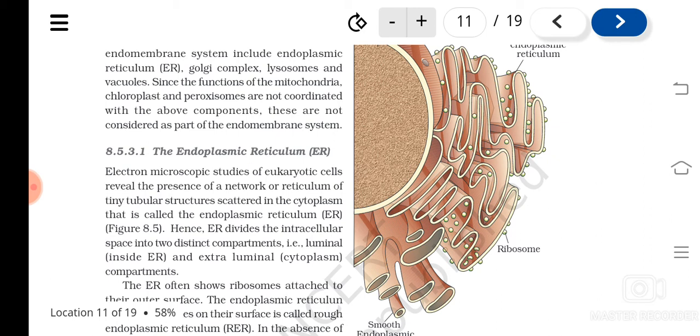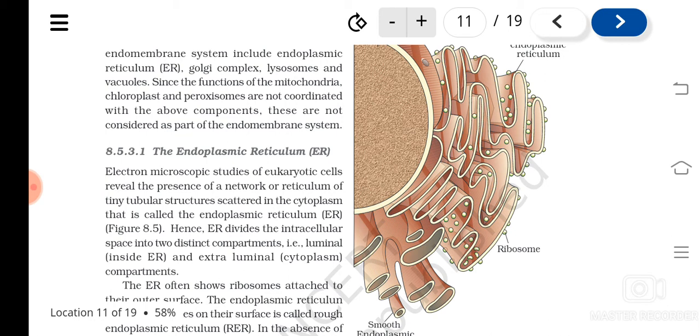The ER divides the intracellular space into two different compartments: the luminal side and the extraluminal side. Luminal means the inside of the ER, the content present inside the ER.